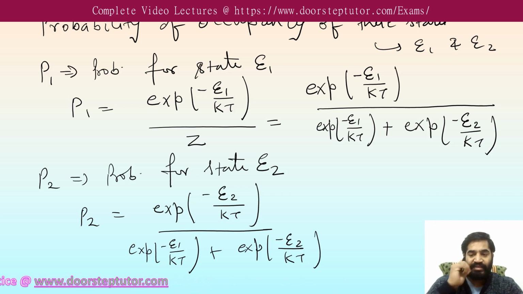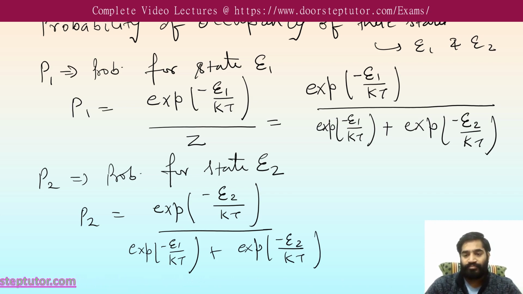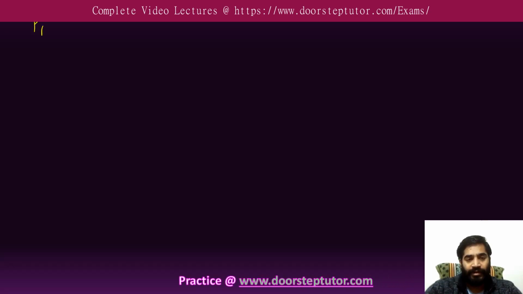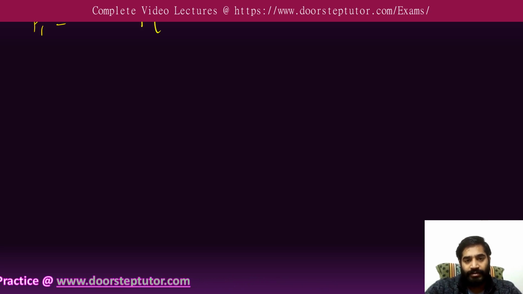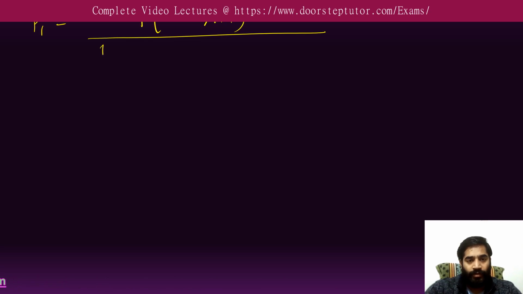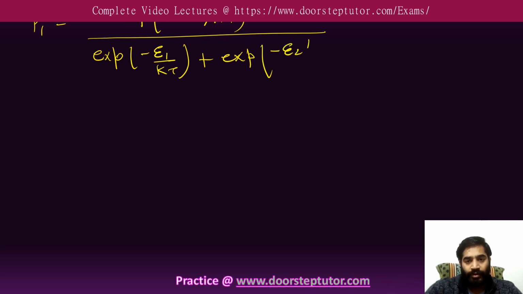Now we will modify this. The probability P1 is exponential of minus E1 by kT over exponential of minus E1 by kT plus exponential of minus E2 by kT.